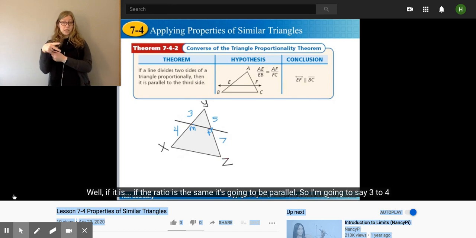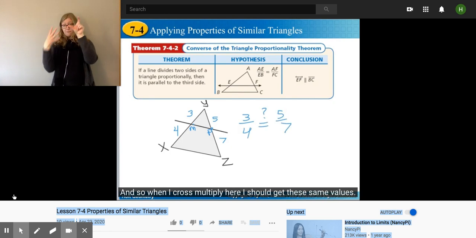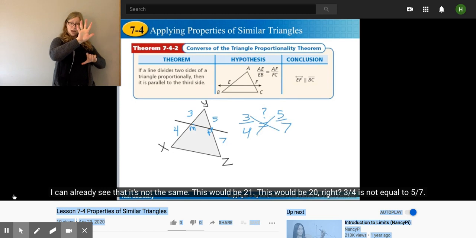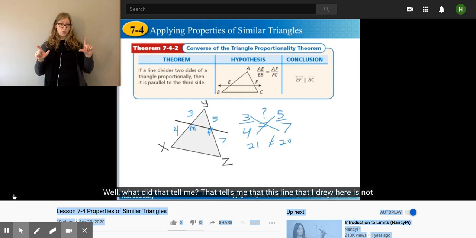Well, if the ratio is the same, it's going to be parallel. So I'm going to say 3 to 4 equals, I don't know if it's equal or not, 5 to 7. And so when I cross multiply here, I should get the same values. I can already see that it's not the same. This would be 21, this would be 20, right? 3/4 is not equal to 5/7. Well, what did that tell me?